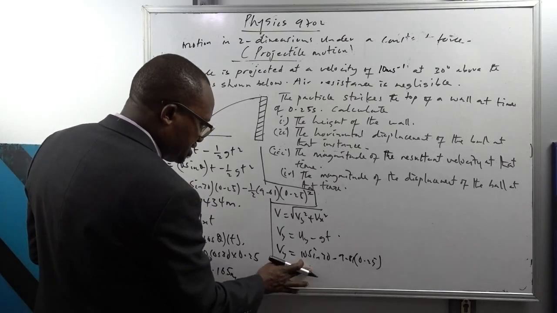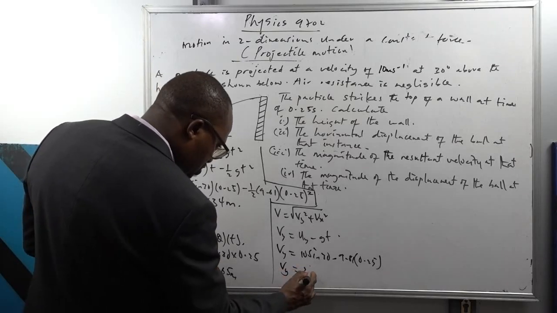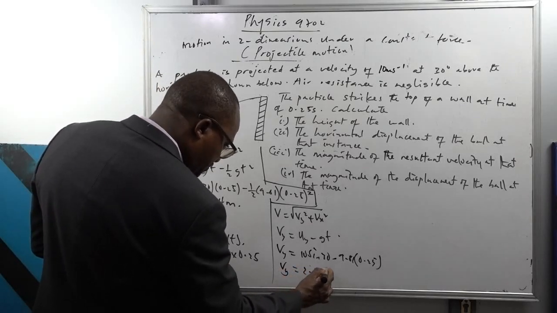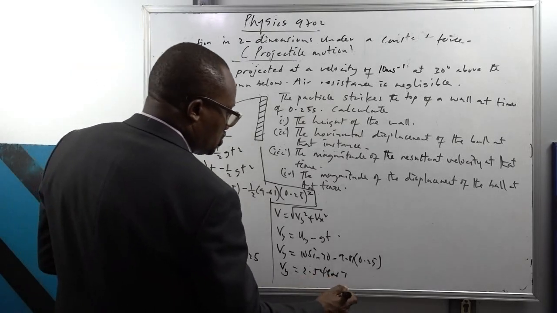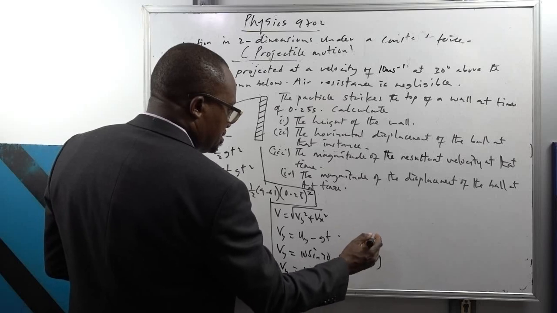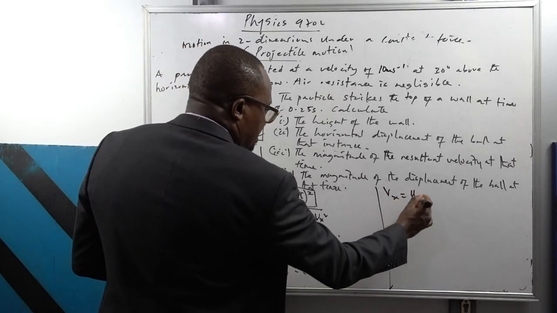The vertical velocity at that instant will give something like 2.548 meters per second.